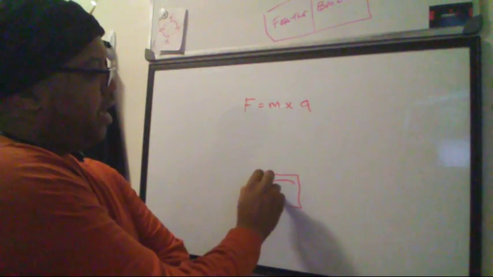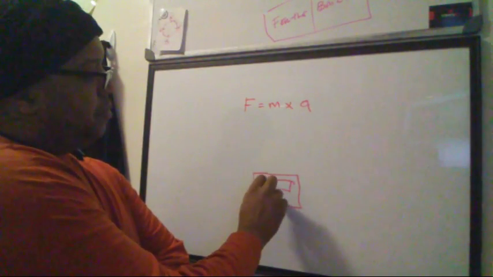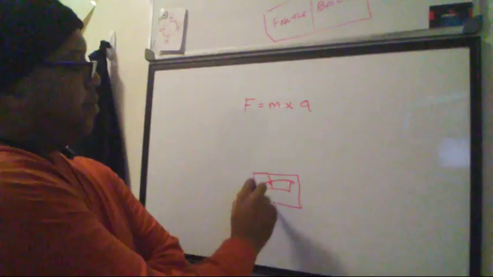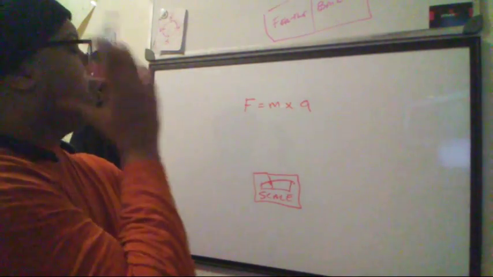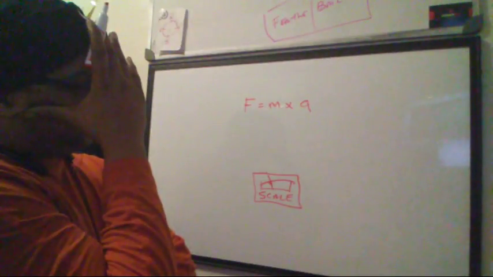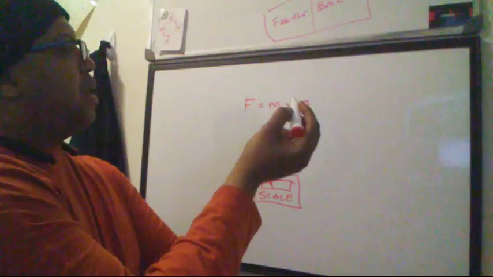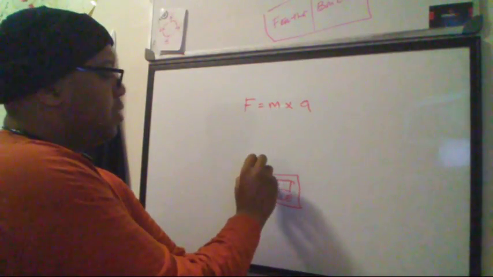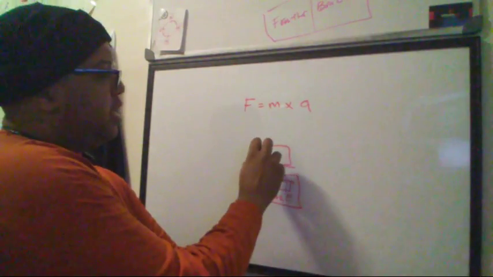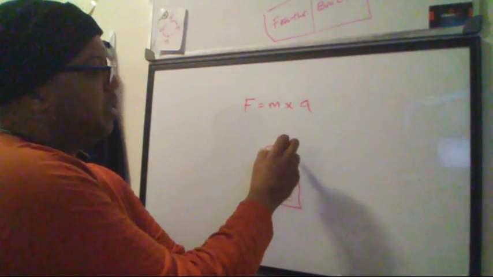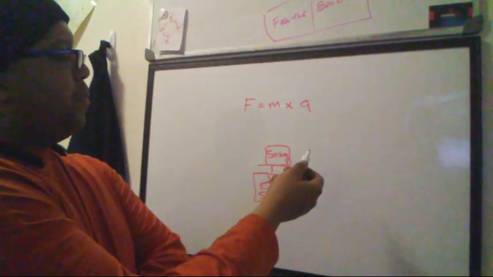If we had a scale, they'll ask you a question like, how much does a 50 kilogram object weigh? On the scale, we put an object on it and it is 50 kilograms.